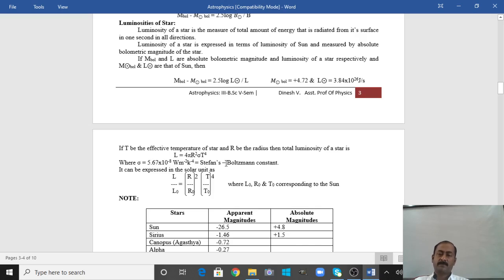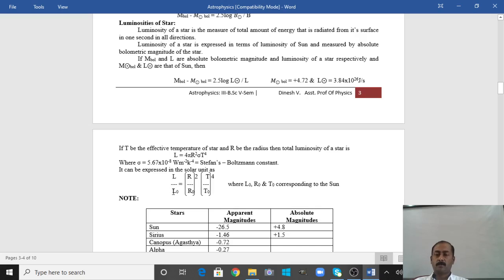This is the Stefan-Boltzmann constant. It is also expressed in solar units as L by L naught equals R by R naught whole square into T by T naught whole to the power of 4. Here L, R and T correspond to the star; these are the properties and data of the star. L naught, R naught, T naught are the data of the sun; these values correspond to the sun.